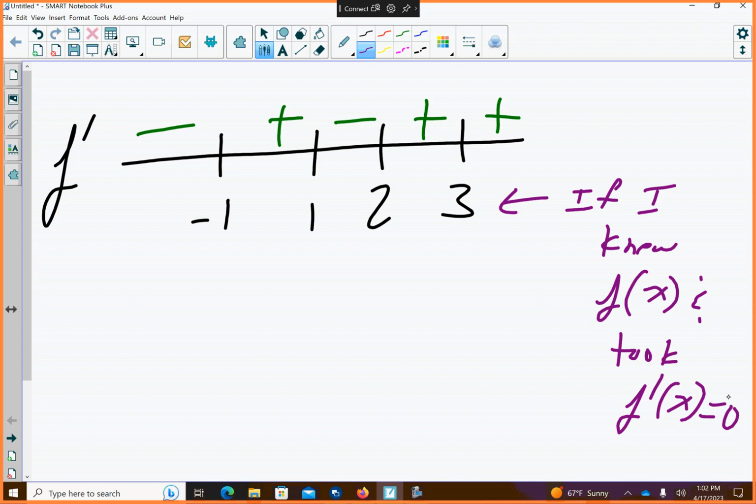Does that make sense? And it's okay if you're not able to always find -1, 1, 2, and 3, or whatever the numbers are.